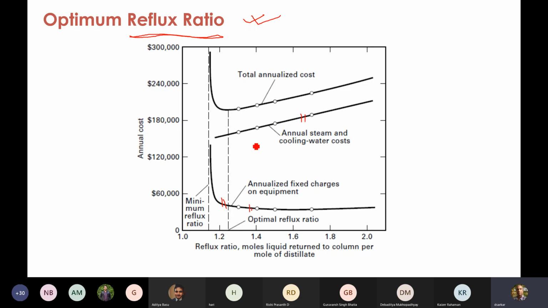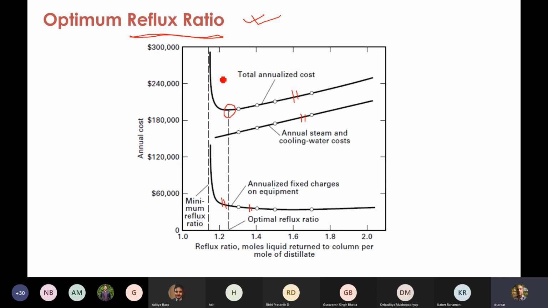So one is increasing with reflux ratio, another is decreasing with reflux ratio. If you add these two, you'll have a total cost curve versus reflux ratio, which will show a minimum. And this minimum is typically somewhere around 1.2, 1.3, 1.4 times the minimum reflux ratio that you have to identify.